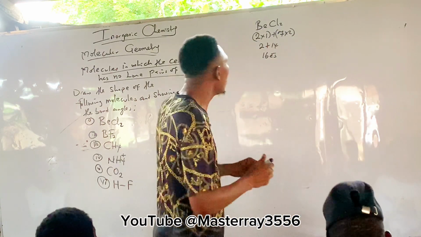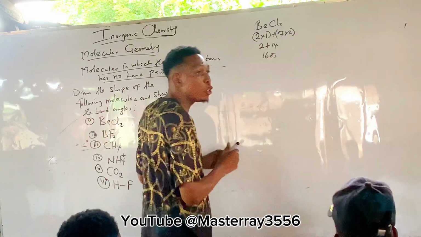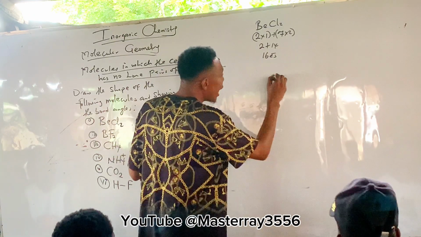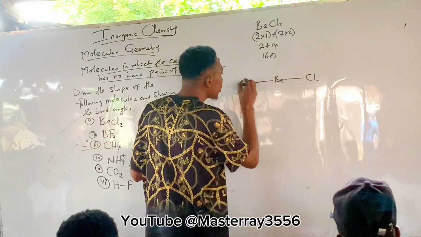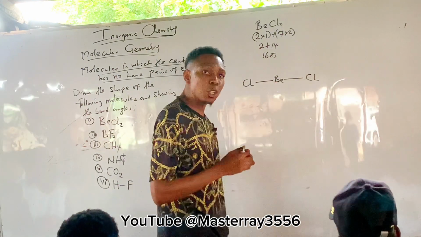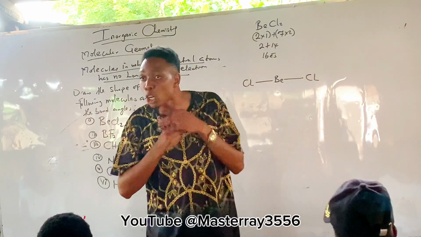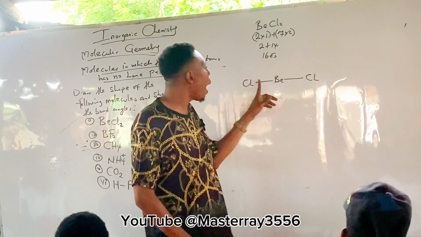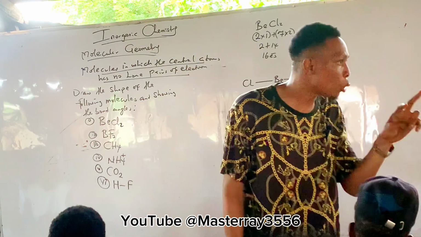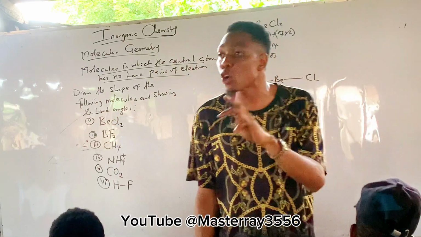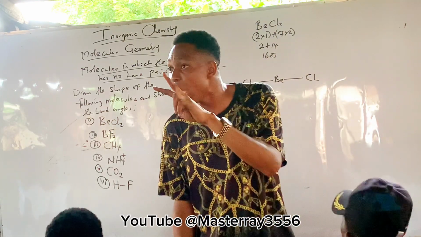Pay attention. From here, which one will be at the middle? Beryllium, bonded to chlorine and chlorine. Now take note, in drawing a Lewis structure or geometry, one bond contains 2 Lewis dots. Lewis dot means electrons. One bond contains 2 electrons.